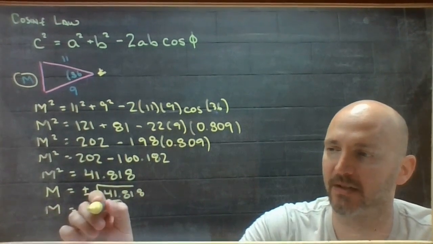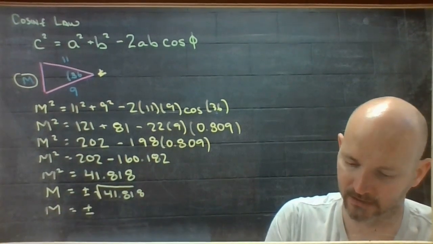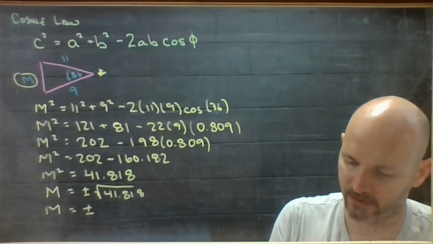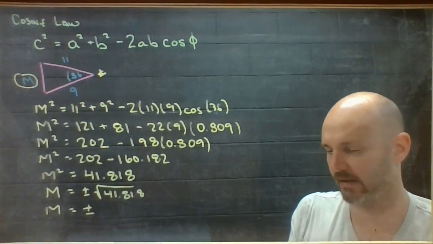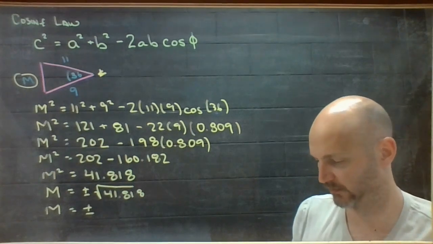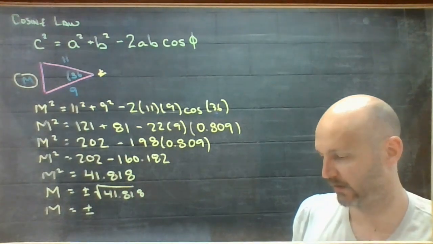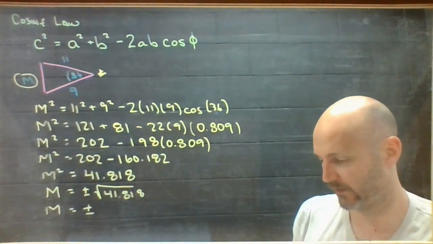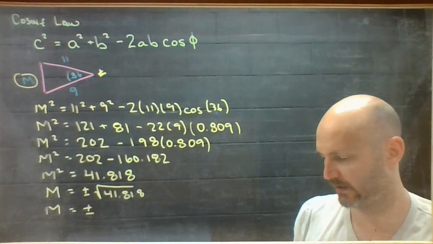So m is plus or minus square root of 41.818.